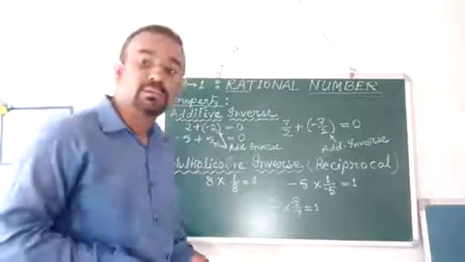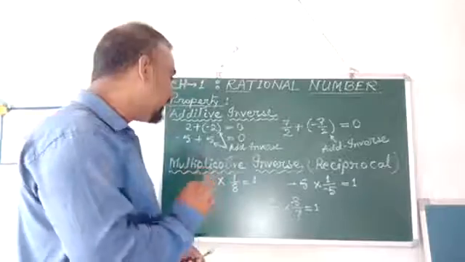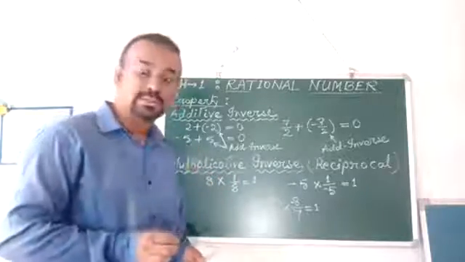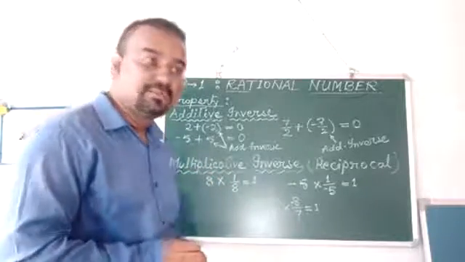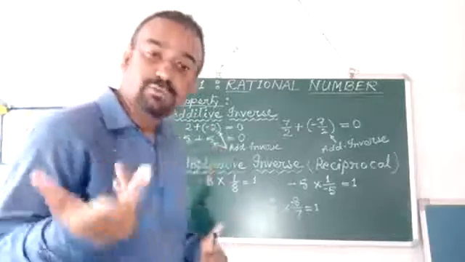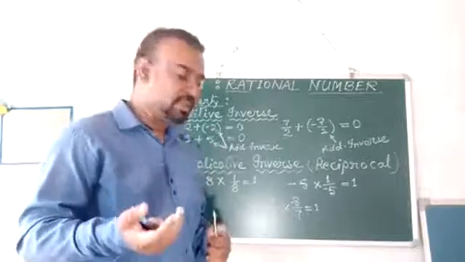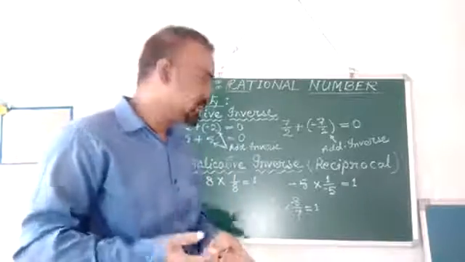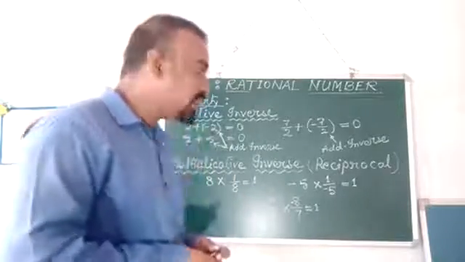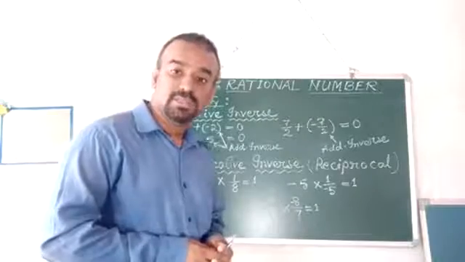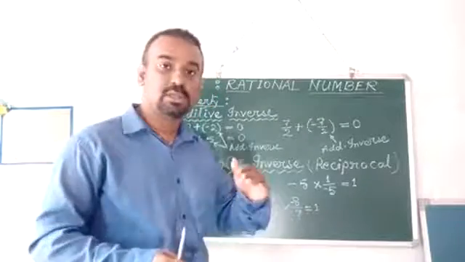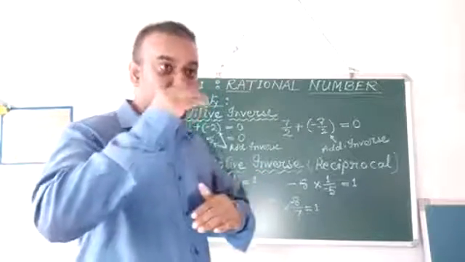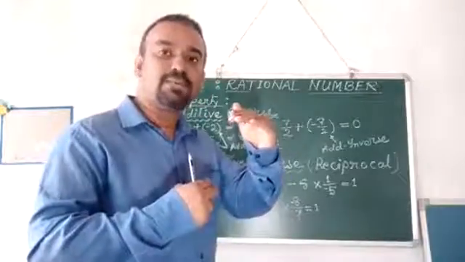The next topic that we are going to discuss is the multiplicative inverse. What is multiplicative inverse? Multiplicative means we have to multiply. Inverse means reverse of that. Now you would remember you have done reciprocation in your previous classes. What is reciprocation? If you reciprocate a number, it will just go upside down.